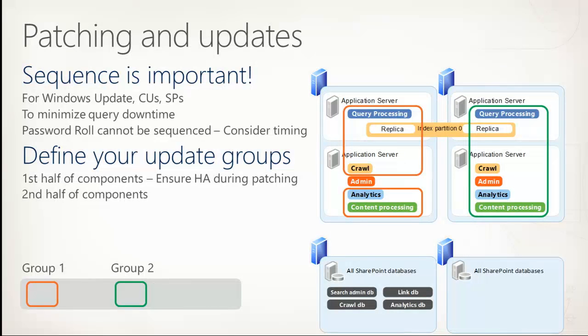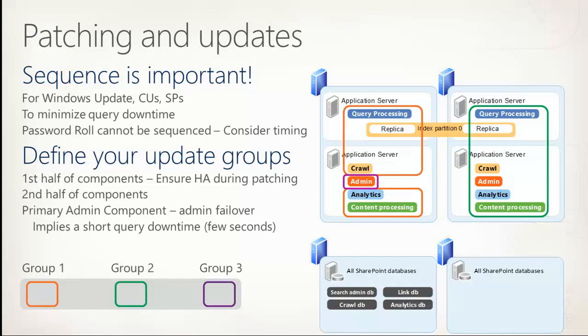Finally, you take the primary admin component at the end, because that triggers an admin failover, and you want to do that in a separate step. So this is a strong recommendation to use this sequenced approach for patching.